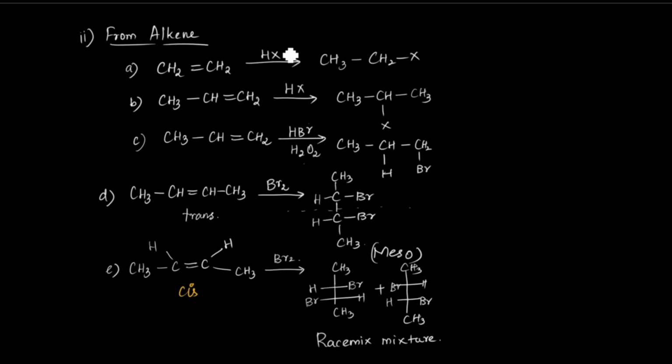Let's move on to the next preparation, which is from alkene. From alkene, I'm doing hydrohalogenation. X can be any halogen. Hydrohalogenation means hydrogen and halogen will be added across the double bond. Here you can see this as a product.